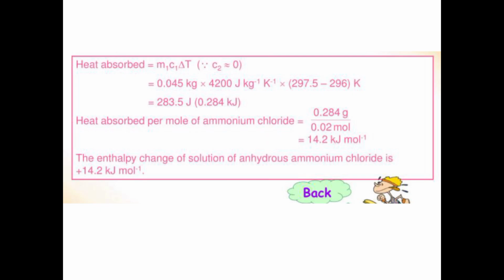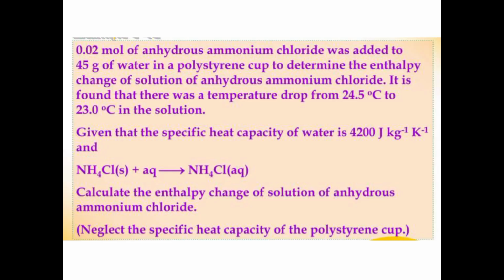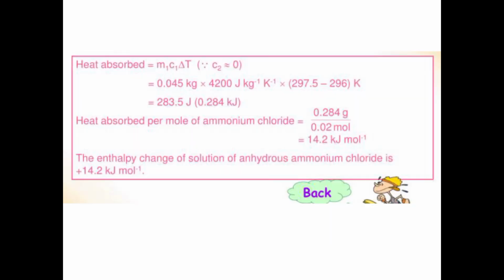There is no calorimeter here, so you are going to use MC delta T. M is the mass of water, C is the specific heat capacity of water, then delta T is the change in temperature. From there, you are going to get your Q, and then delta H is equal to Q over N.